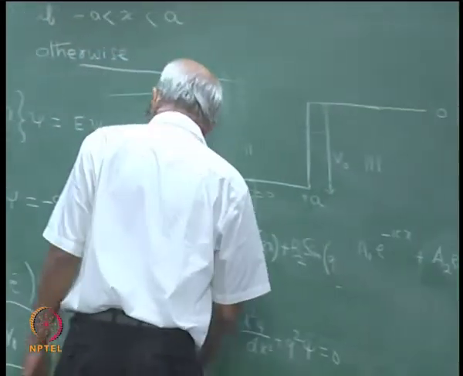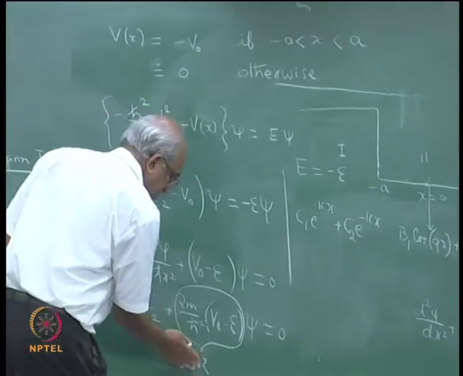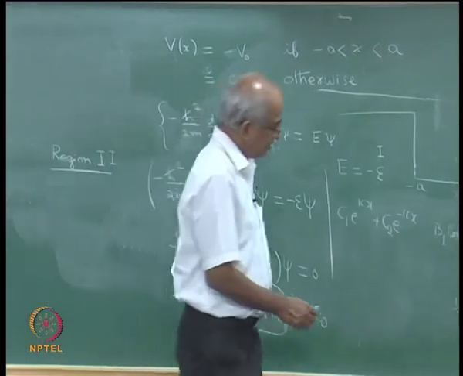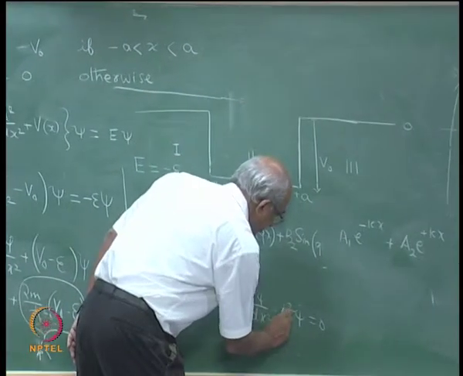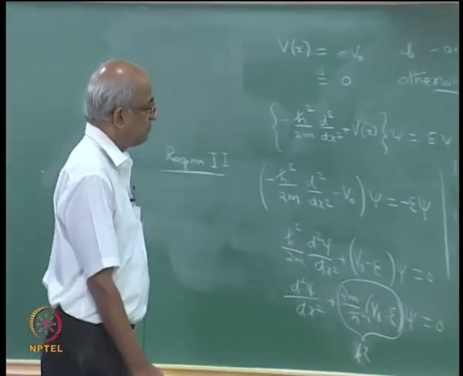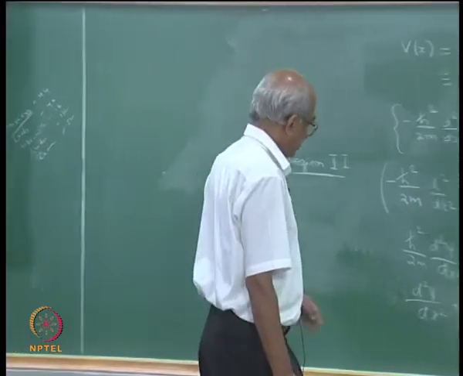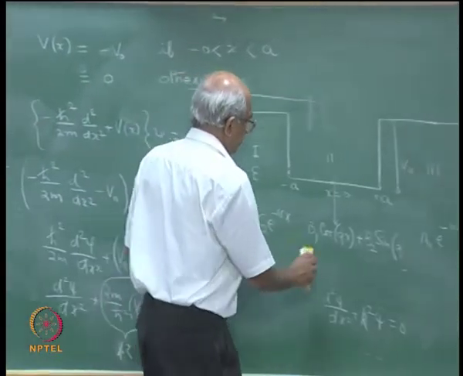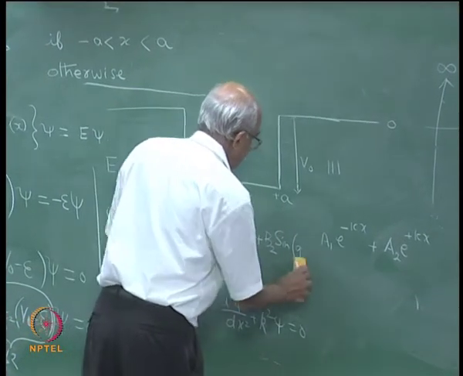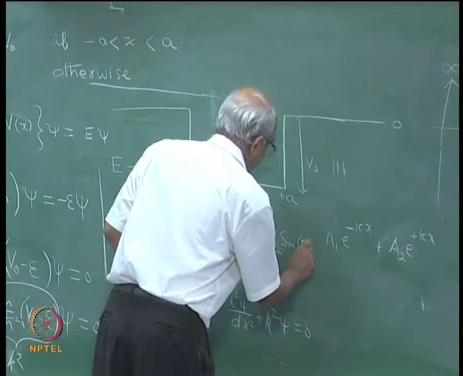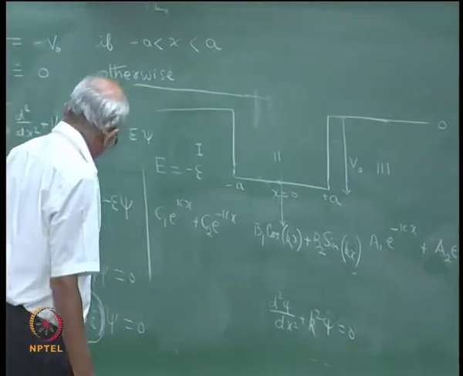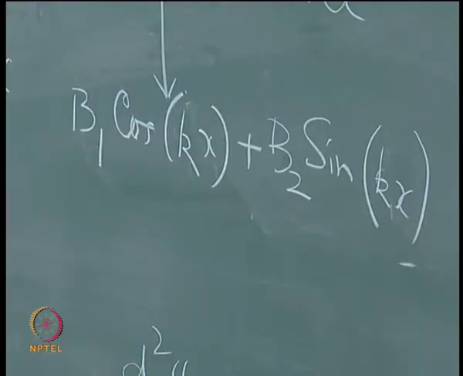So, instead of calling this q, let me just call it k. K square is defined to be equal to that. And naturally the solution will be b 1 cos k x plus b 2 sin k x, where k square is defined to be equal to 2 m by h cross square into V 0 minus epsilon.